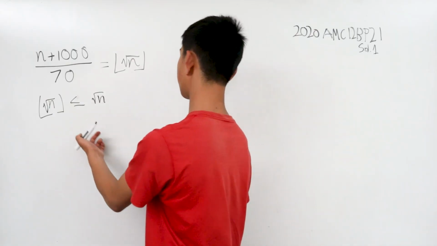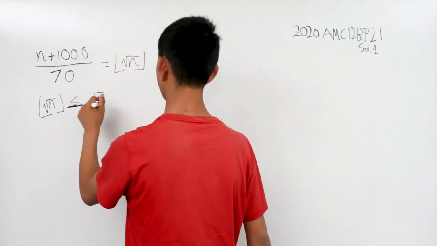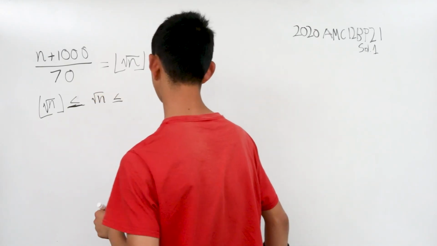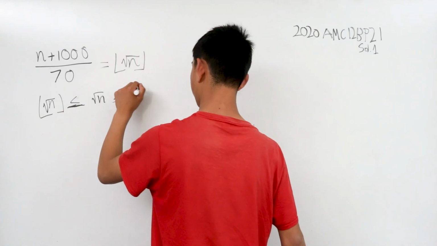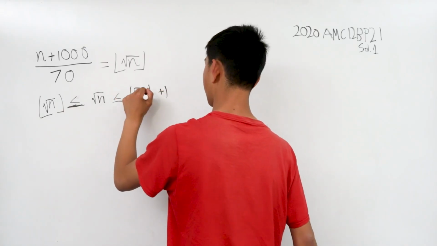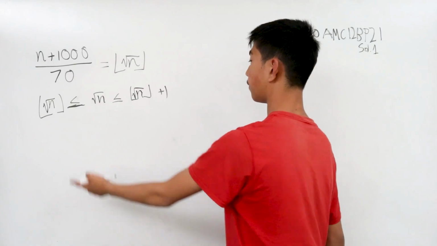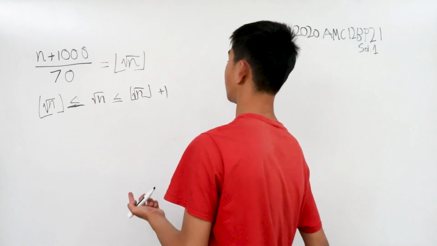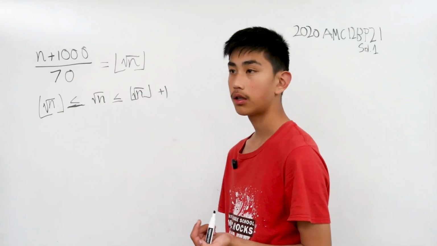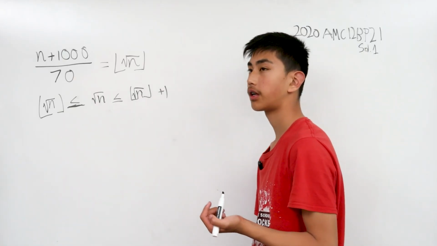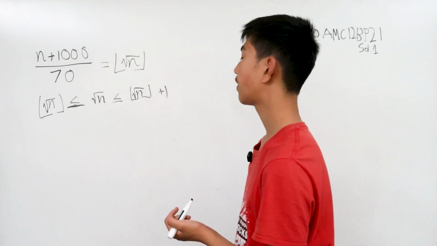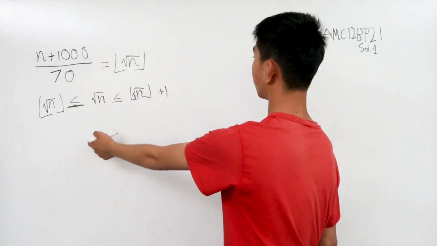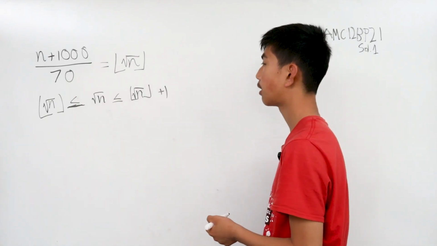We also know that the square root of n has to be less than the floor of the square root of n plus 1, because even though the floor is the greatest integer below it, the square root cannot yield an integer value there, otherwise it would be equal to it. These are the roots of this problem.